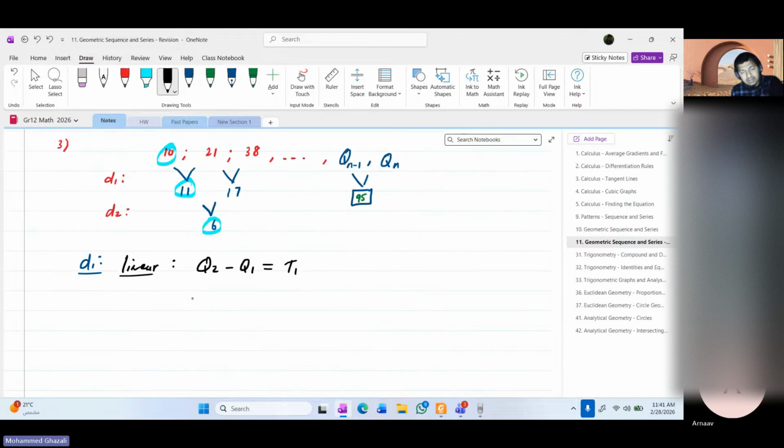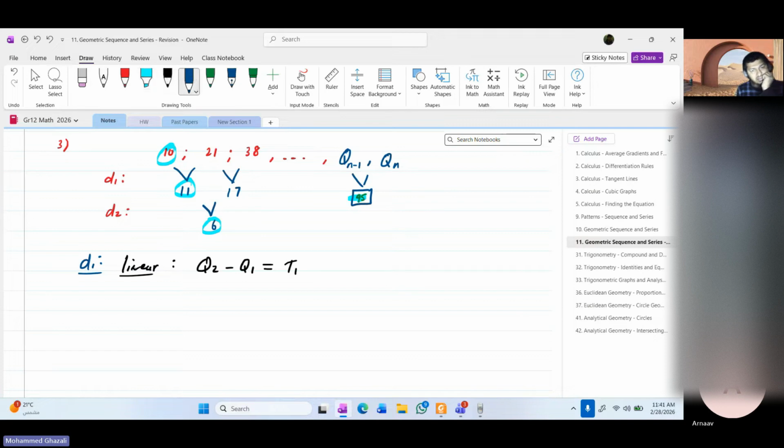So now if I want Qn minus 1, I'll get Tn minus 1. So first we need to go and find this 95, which term it is, right? So just remember that. The value of 95 is which term of this pattern.